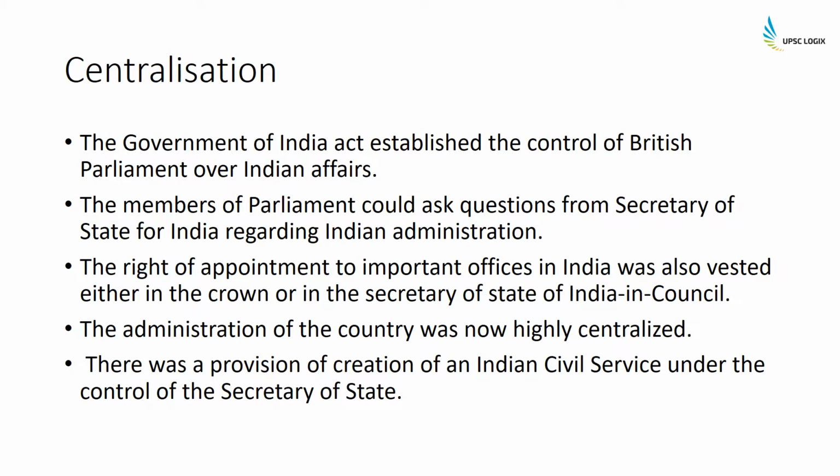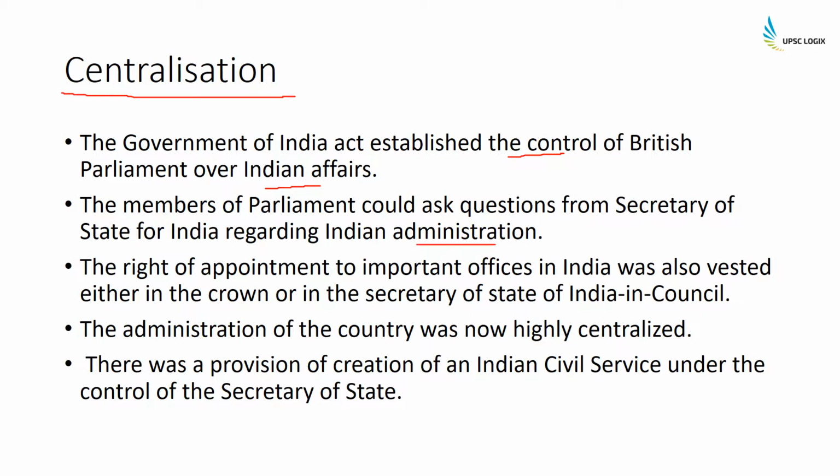So let us have a look at the centralization process. What happened after the Government of India Act 1858 was implemented? Number 1, it established the control of the British Parliament over Indian affairs. Number 2, the members of Parliament could ask the Secretary of State for India questions regarding the Indian administration.